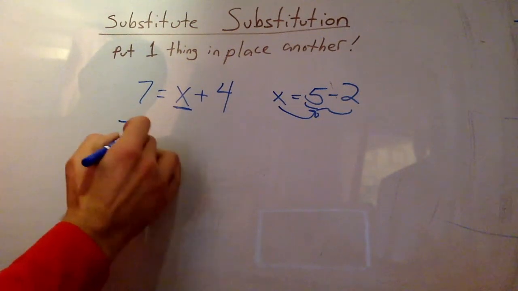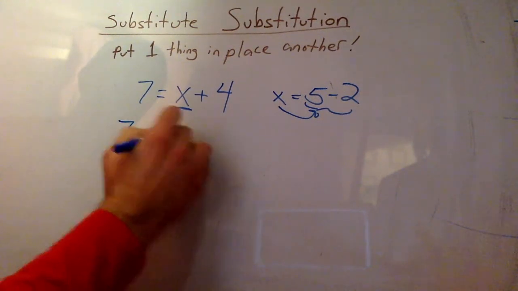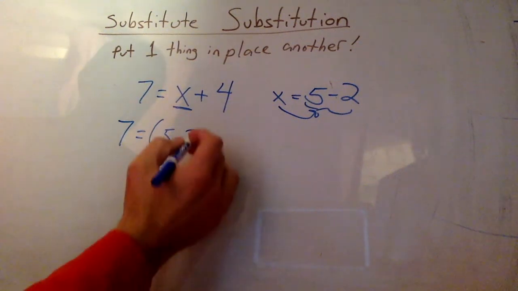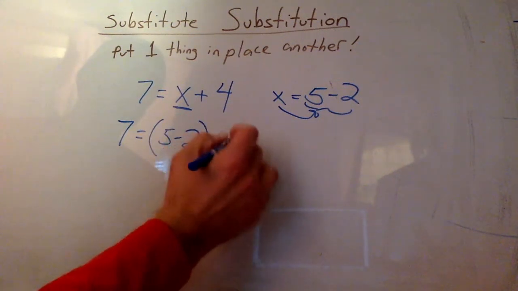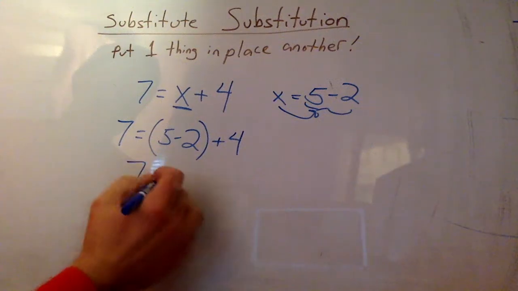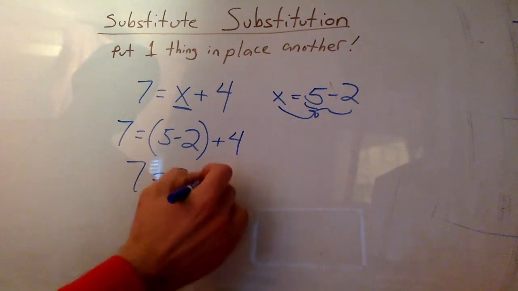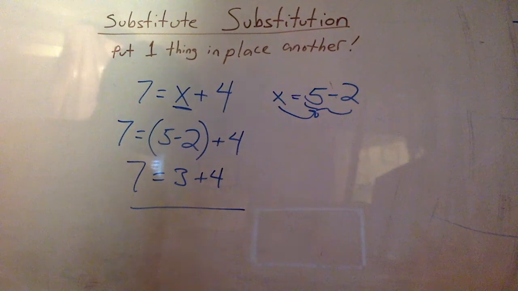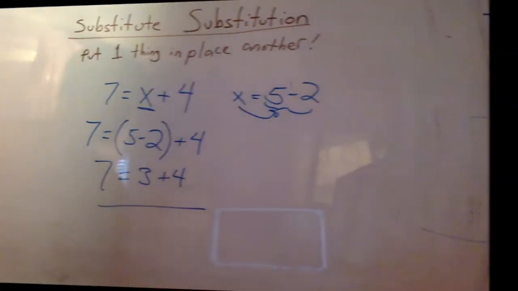So I can rewrite this as 7 equals, and sometimes we can use parentheses to help keep everything in order, (5 minus 2) plus 4. Now, does 7 equal 3 plus 4?